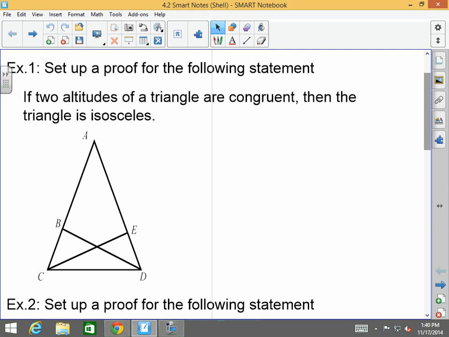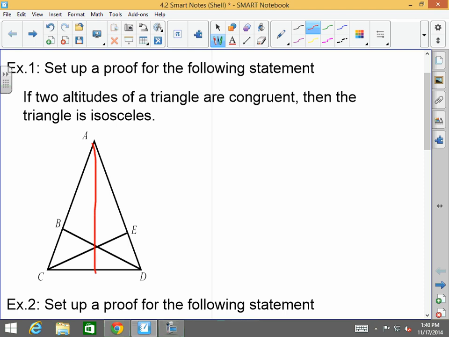Now, you may be thinking, Mr. Morrow, how did you know to draw the altitudes from the vertices that you actually drew them? Why didn't you draw an altitude from here, Mr. Morrow? Here's my logic, okay? If this is an isosceles indeed, aren't AC and AD congruent then?